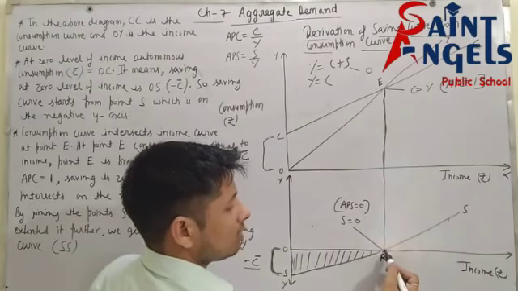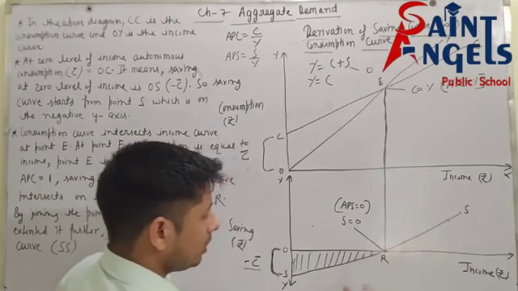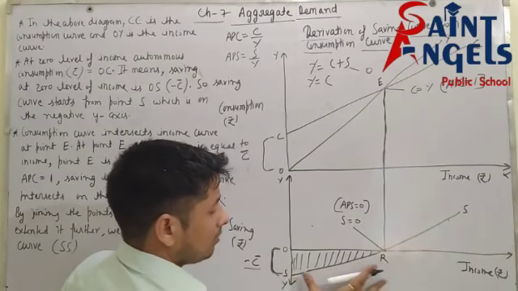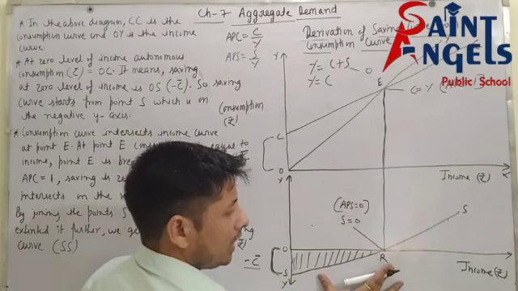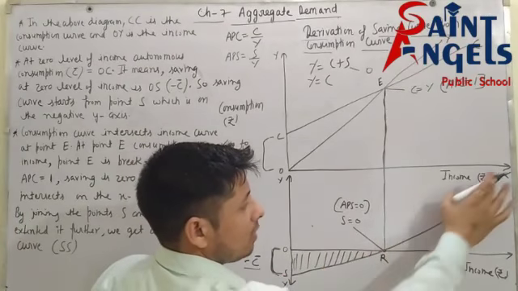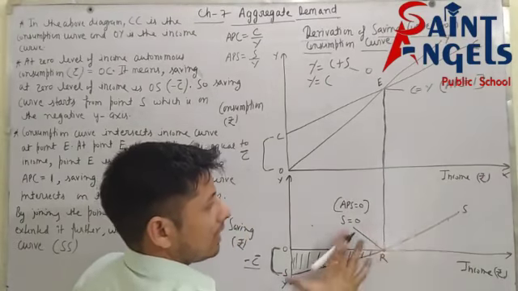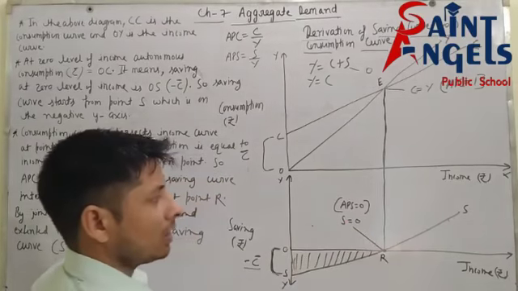So by joining the points S and R and extending it further, we get a saving curve.